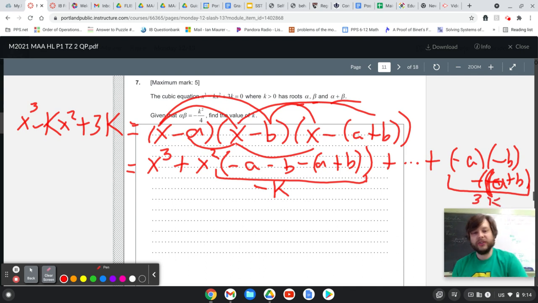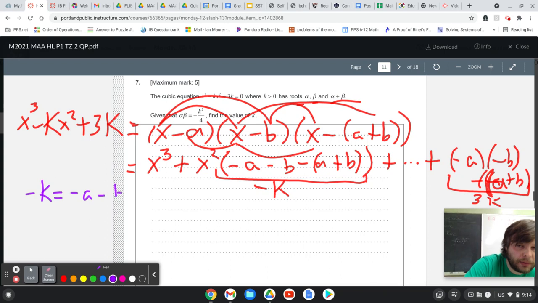And so the problem really turns into a system of equations. So let's start by writing out our two systems. I'll write one in purple. So we know that negative k equals negative a minus b minus (a plus b). If you distribute your negative, then you'll see that negative k equals negative 2a minus 2b.